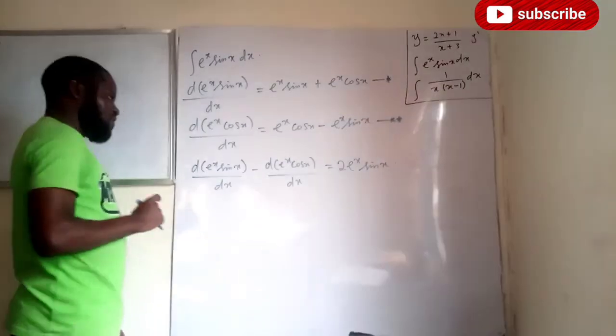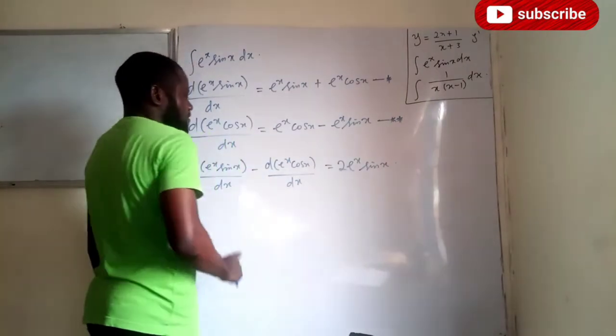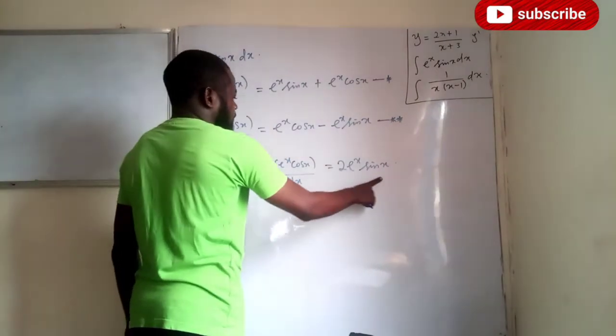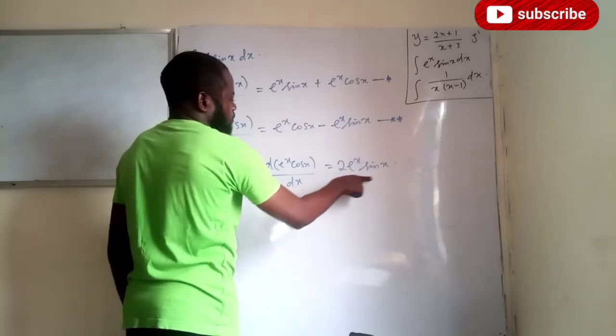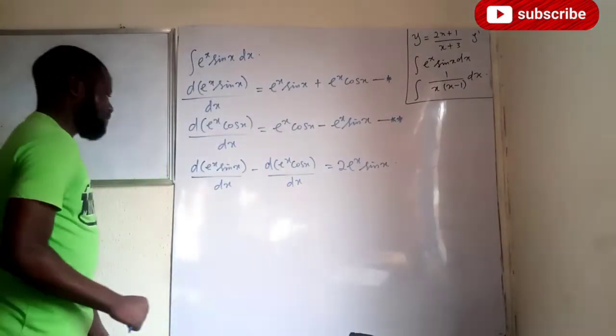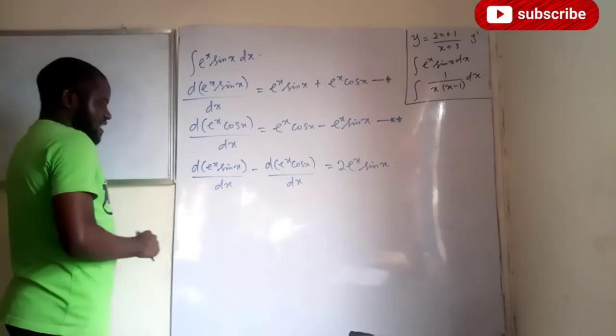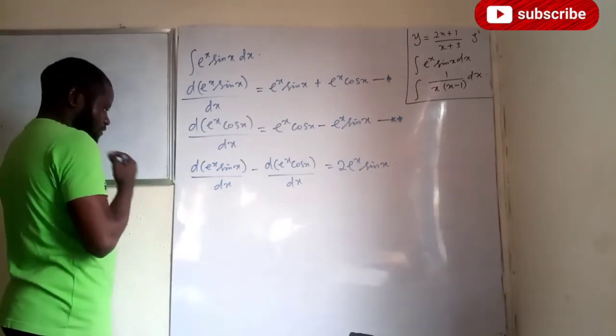Okay, so if this should be the case now, remember, we are looking for the integral of e to power of x sine x. So we can therefore do something like this.